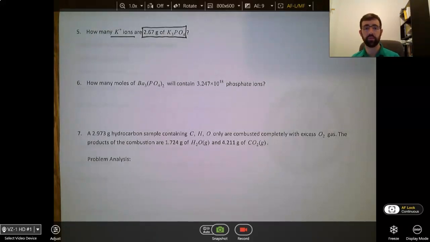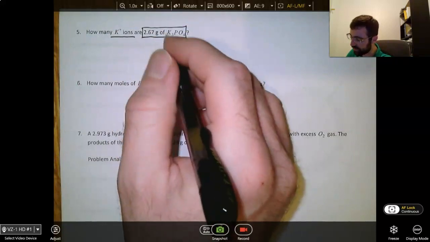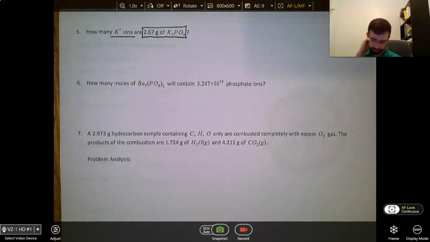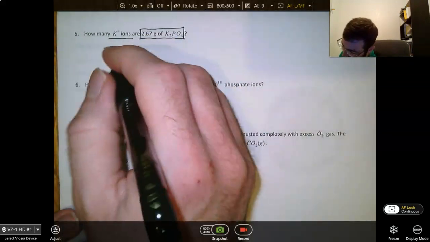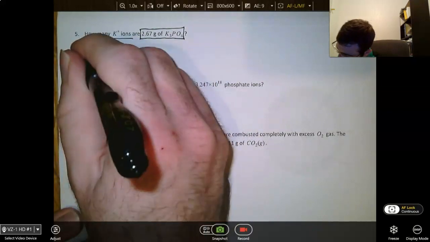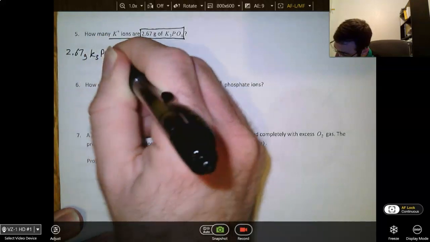And then we need to go from moles to ions. But we also need to make a switch somewhere in there from moles of this to moles of the ions. We'll break it down. Okay, so I have 2.67 grams of K3PO4.